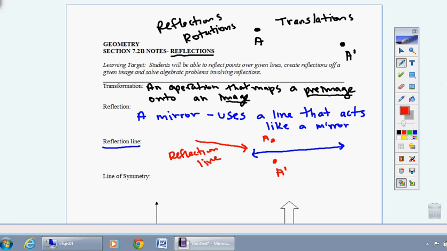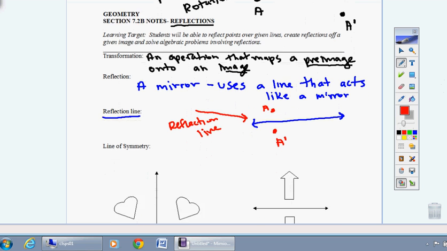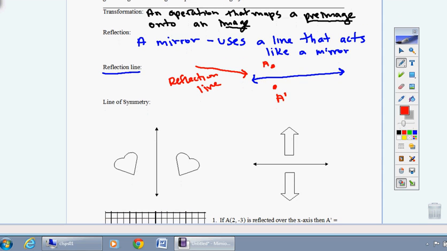Now, one part of reflections, or a vocab word that goes along with reflections, is what we call our line of symmetry. Now, different figures have different amounts of lines of symmetry.